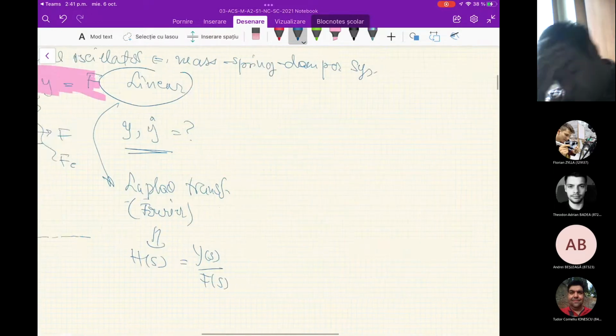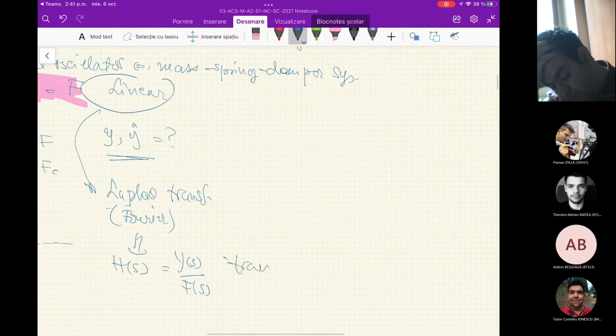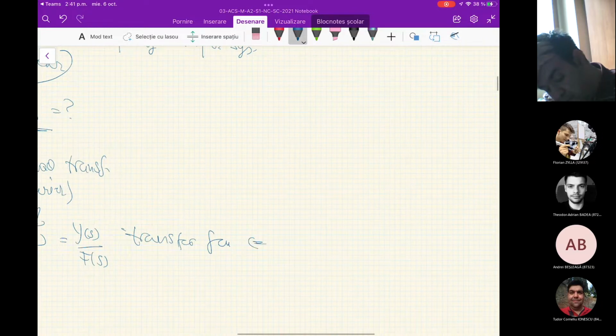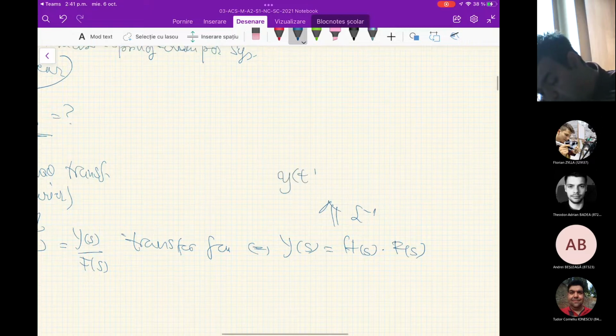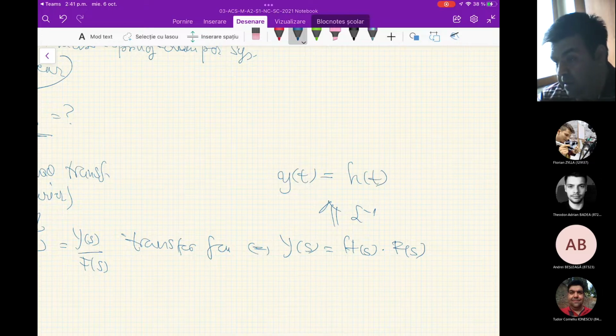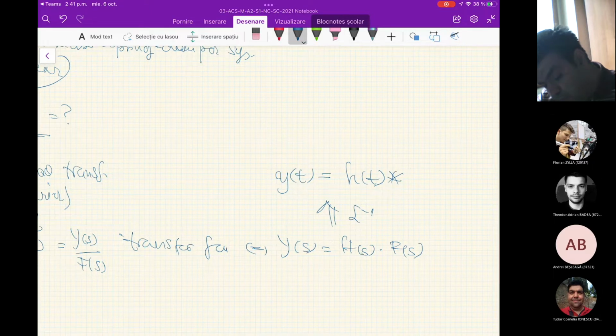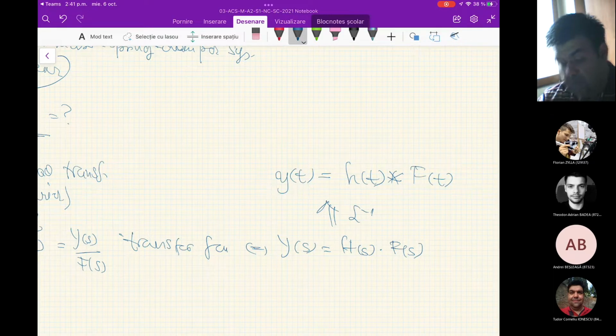This is equivalent to saying that the output, the position Y(s), is the transfer function times the input, and then you can easily apply the inverse Laplace transform, and you get that the position y(t) is the so-called h(t), the impulse response of the system, in convolution with the force f(t).